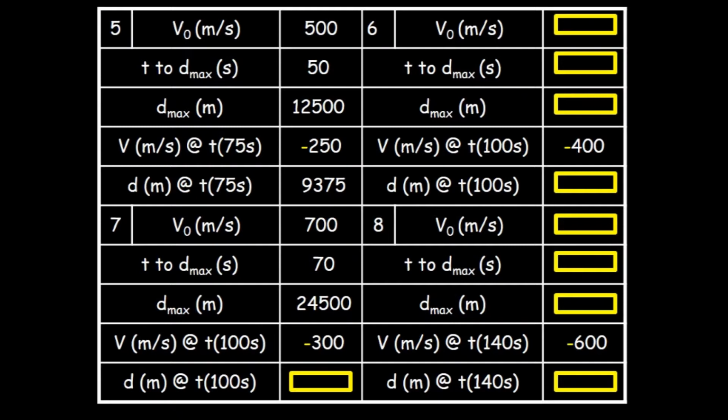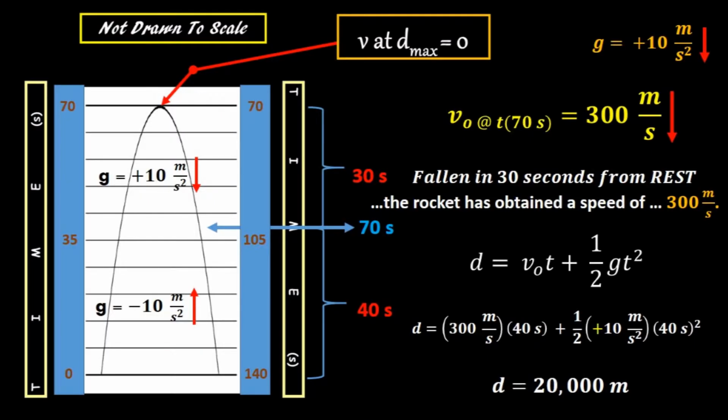Next, how far off the ground is the rocket at t equals 100 seconds? Well, if the total time it takes to reach the maximum altitude is 70 seconds and it's fallen for 30 seconds, it will fall for an additional 40 seconds.